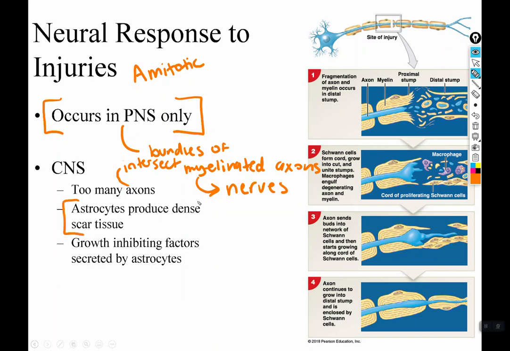Astrocytes also produce really dense scar tissue, which is impossible to grow through. And finally, astrocytes also secrete various inhibiting factors that help to stabilize your central nervous system and how it's wired up by making sure that the neurons don't change their mind about what synapses they want to participate in, to a large extent.